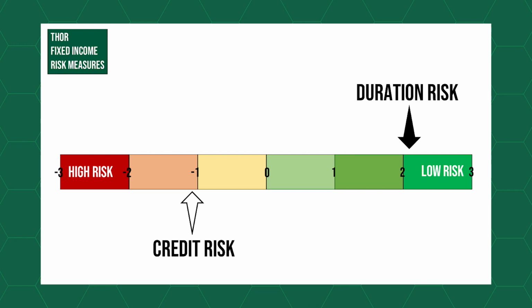Are we going to buy 1 or 2 year treasuries, or are we going to buy 20-year treasuries? And you can see that duration right now is more positive to be invested in. Then we look at credit. Credit is, do I want to own a treasury where there's no credit risk, or do I want to buy a corporate junk bond fund that may not pay me back? So right now that's negative, which means that you do not want to lend out to entities that may not be able to pay you back.